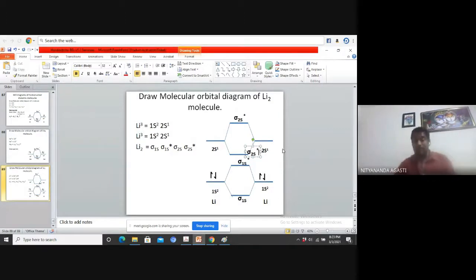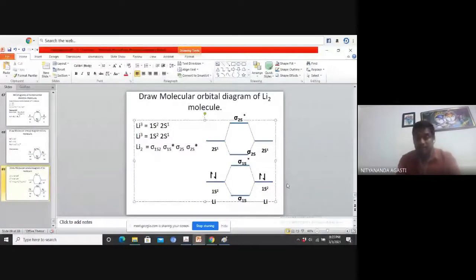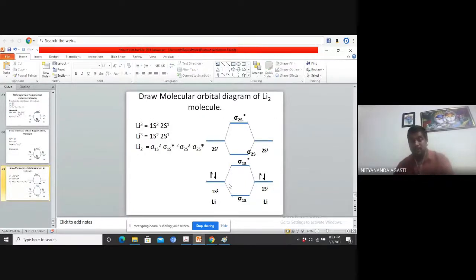Now you will fill up electrons. What is the configuration? Let us take 6 electrons. You fill up 2 electrons here, then 2 electrons here, then 2 electrons here, right? So you fill them up accordingly.